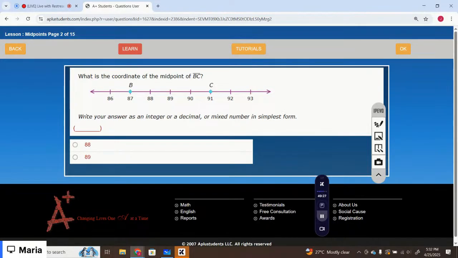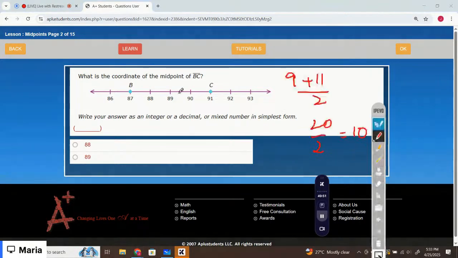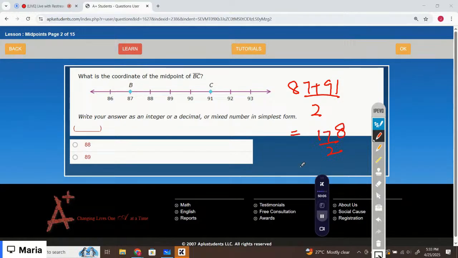What is the coordinate of the midpoint of BC? So the coordinates of B is 87 and C is 91. So just add them and divide by 2. That is 178 divided by 2.